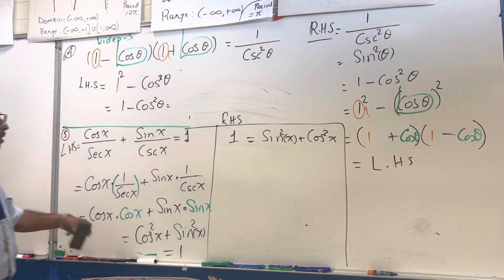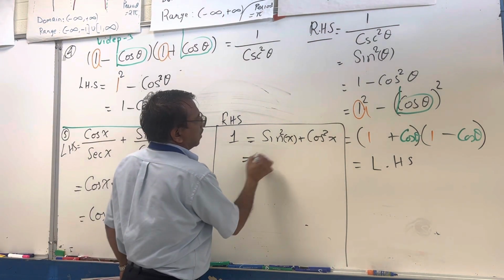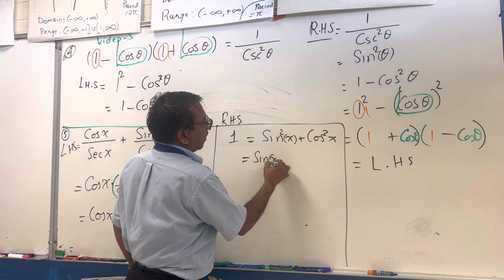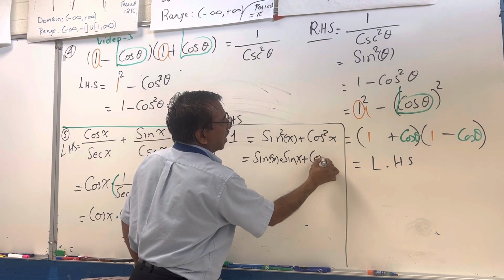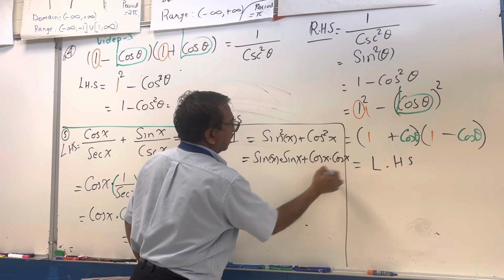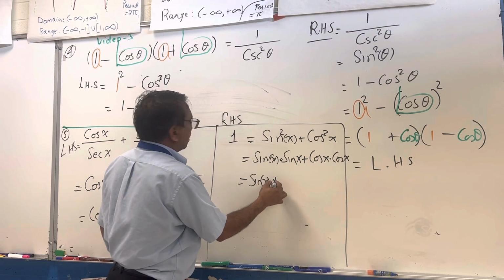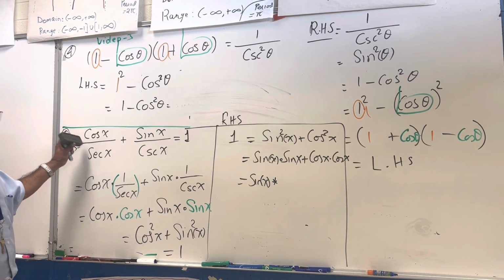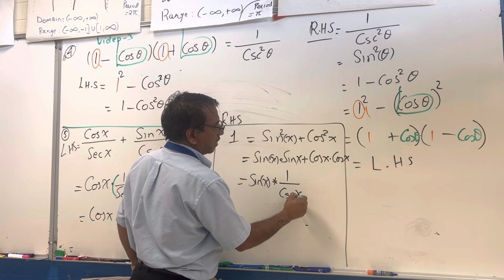Okay, so it's like going backward. So sine means you can write sine x twice, and cosine is cosine x twice. And one sine x you keep as it is, because somehow you want to get this part, right? And 1 over, this can be written as 1 over cosecant of x.